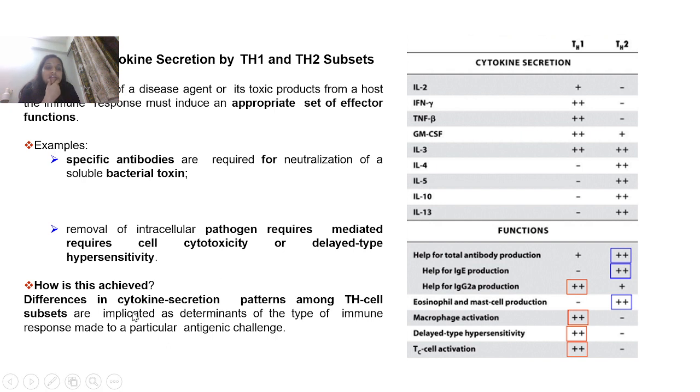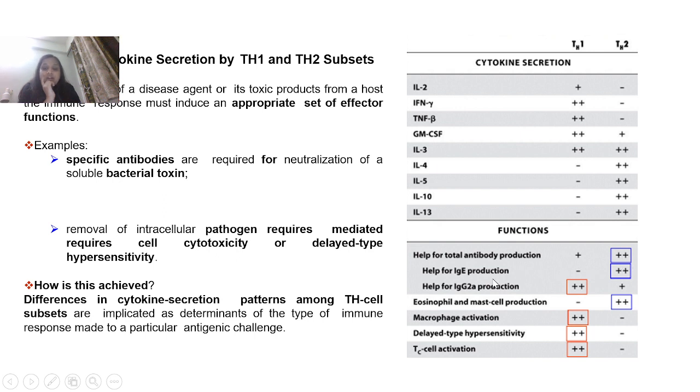But how is this achieved? So there is a difference in cytokine secretion pattern among the Th cell subsets, which will determine what kind of immune response is made in response to a particular antigen. For example, for total antibody production, if there is a need that the cell should produce antibody, then this Th2 cell is mainly responsible.